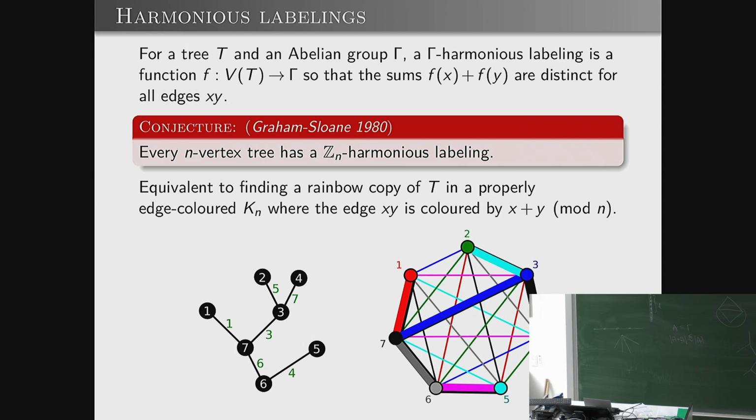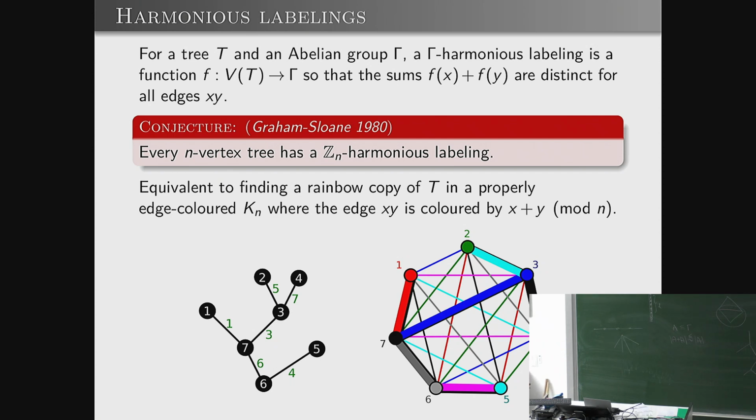So I would know that for this vertex I want label 2, this vertex label 3, this vertex label 4, this vertex 7, 6, and so on. The fact that the tree is rainbow will exactly give me different labels on the edges. Okay, so this is one motivation. But I want to mention another motivation.